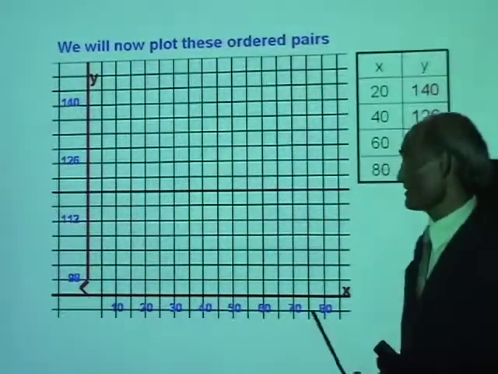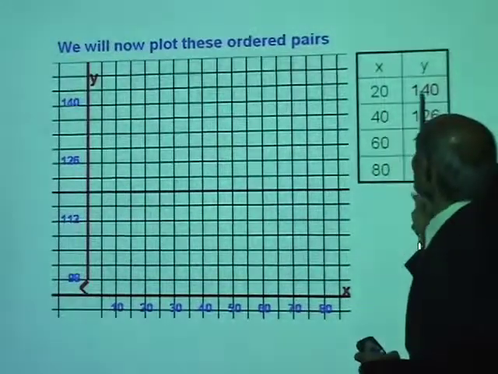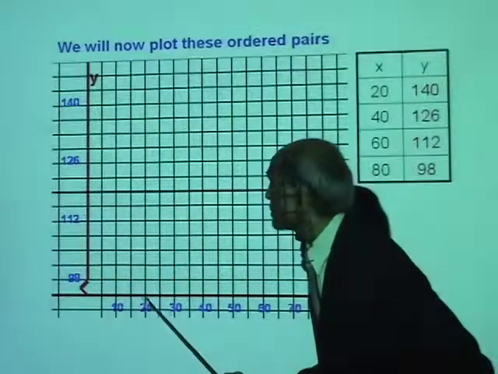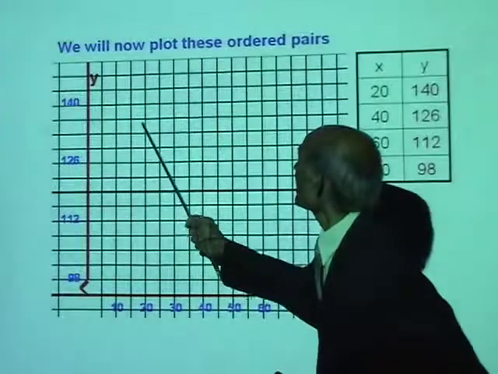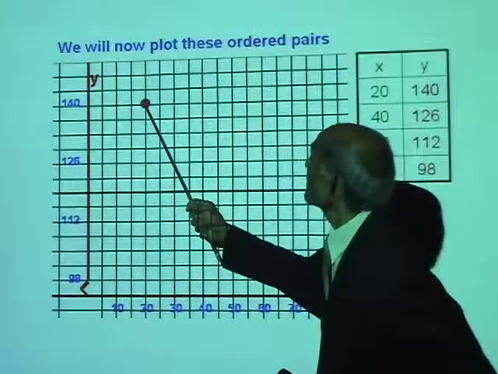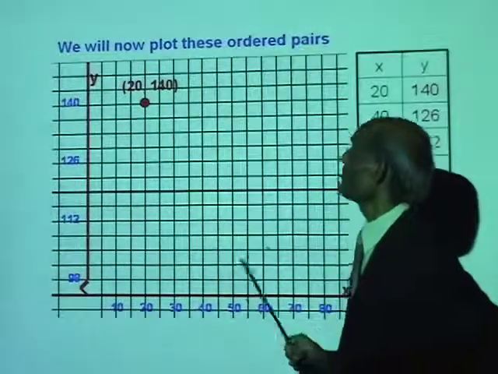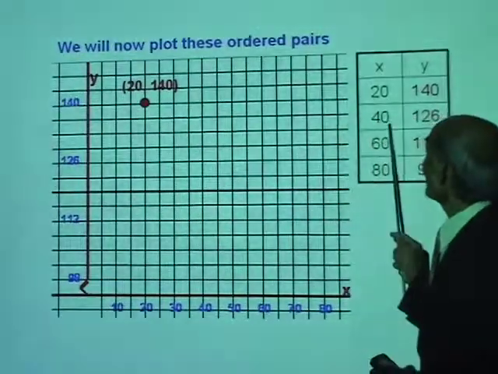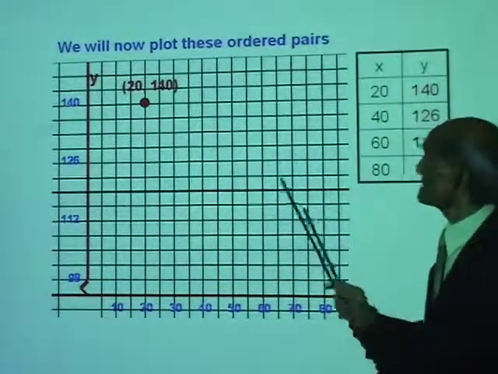Let's now mark the ordered pair. What's the first ordered pair? X equal to 20, y equal to 140. X equal to 20, there you are. Y equal to 140, there is the ordered pair. That is 20, 140. Alright? What's the next one? X equal to 40, y equal to 126.